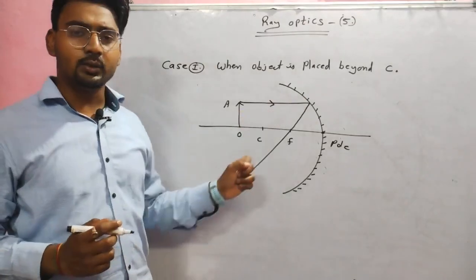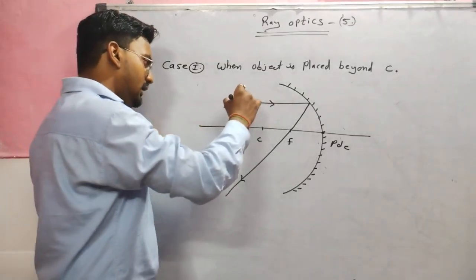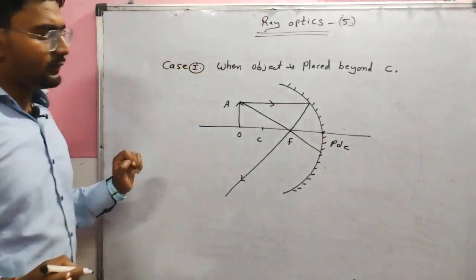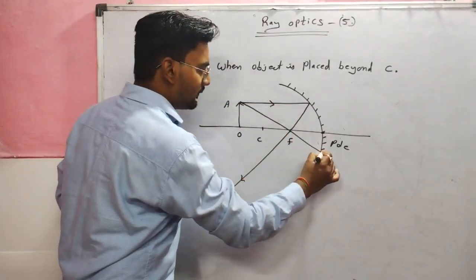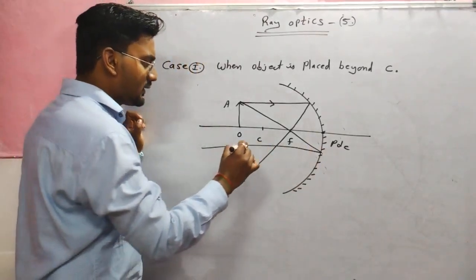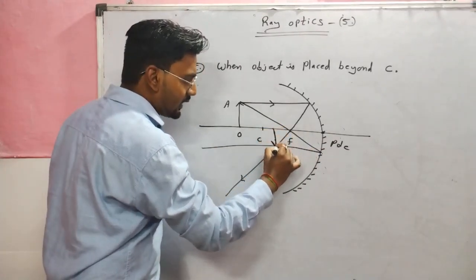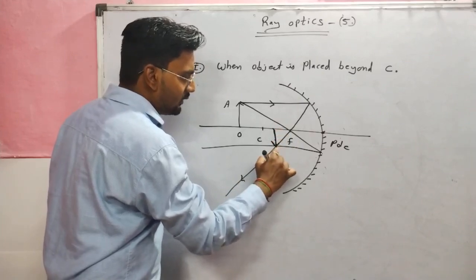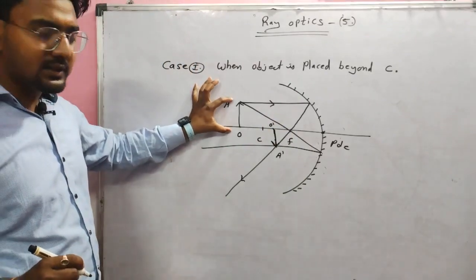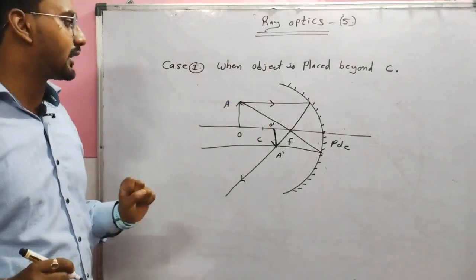And one more ray we are taking, and this light ray is coming to the focus, then after reflection it will pass parallel to the principal axis, and these reflected rays meet at some point, and here this point is called A dash O dash. So here OA is our object and O dash A dash is the image of this object OA.